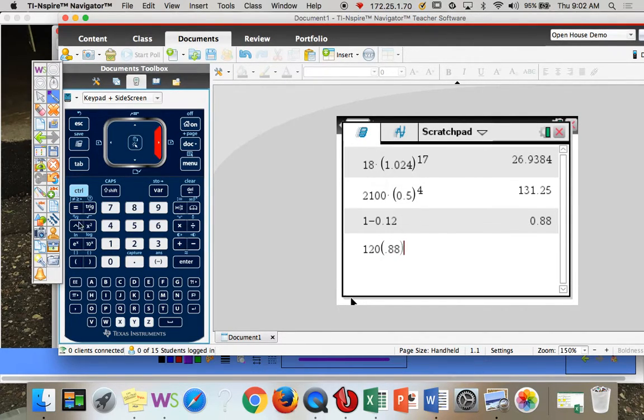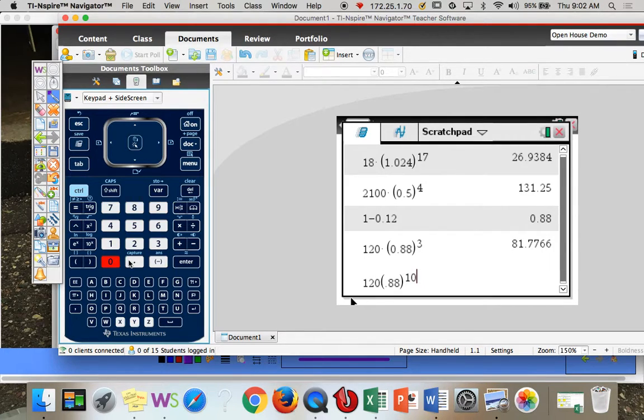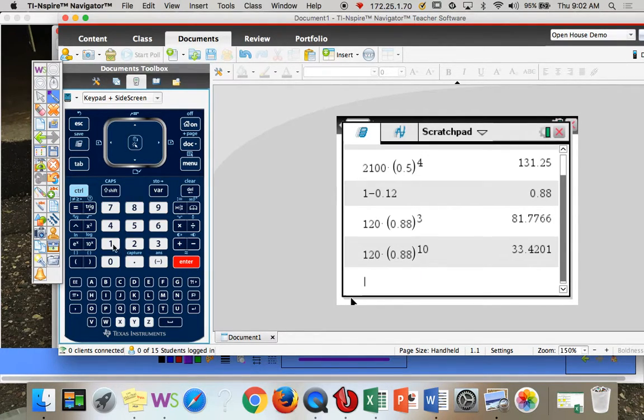I don't know where to start. I'll say let's try 3 hours. We still have 81 milligrams of caffeine, so 3 hours is too little. Let's go bigger. Let's go 10 hours. So I'll go to the power of 10. Still a lot. Let's do 20.